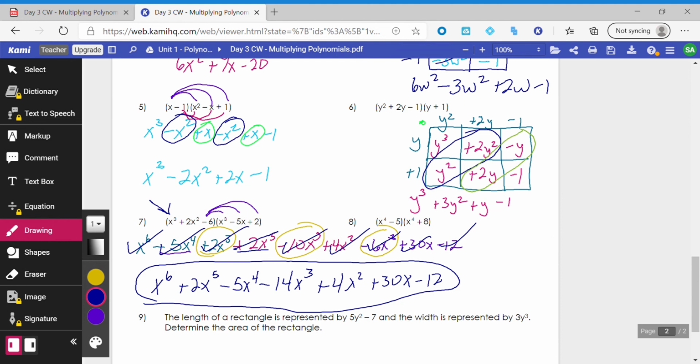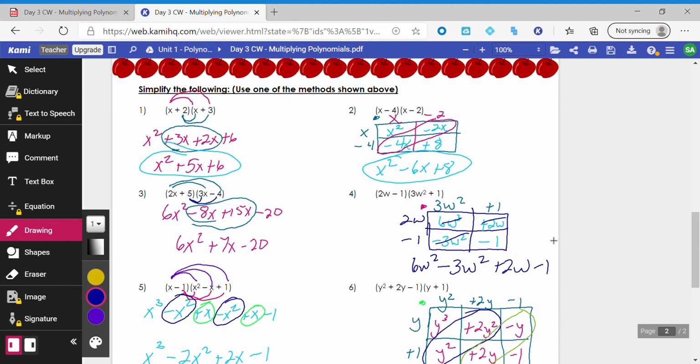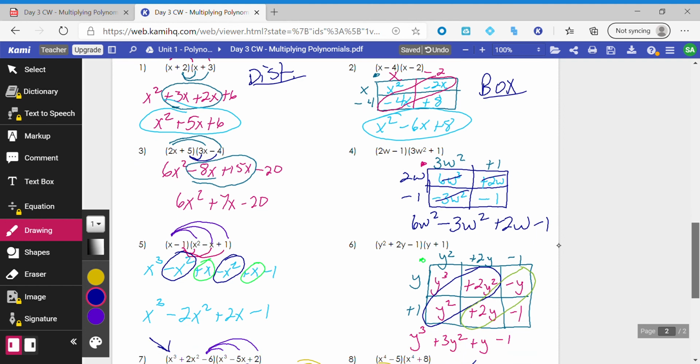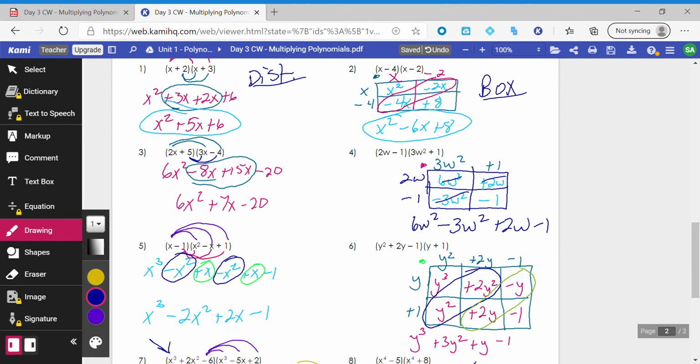And that is multiplying polynomials using either the distribution method or the box method. Again, when it comes to solving these problems, it doesn't matter which of the two you use. It's your choice, and you just want to pick the one that you are more comfortable with in order to come up with the answer.